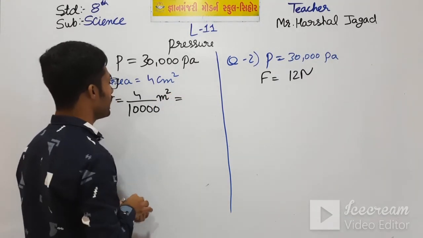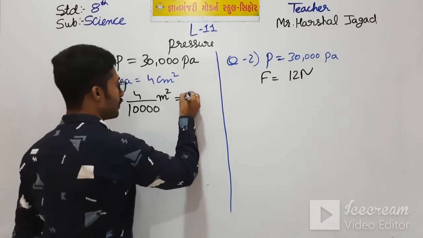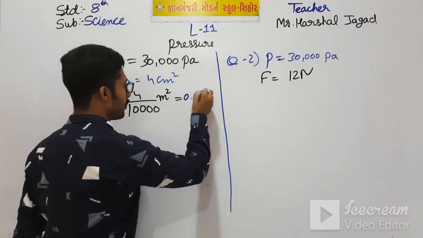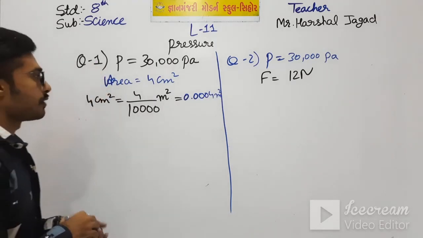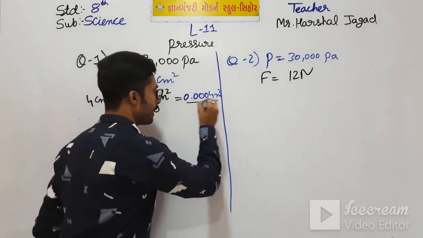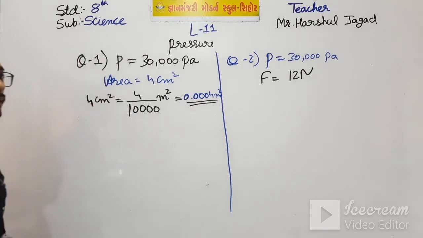So the answer will be 0.0004 meter square.